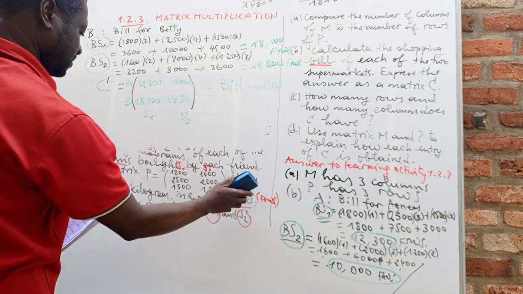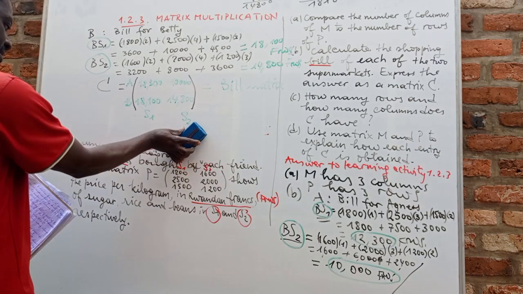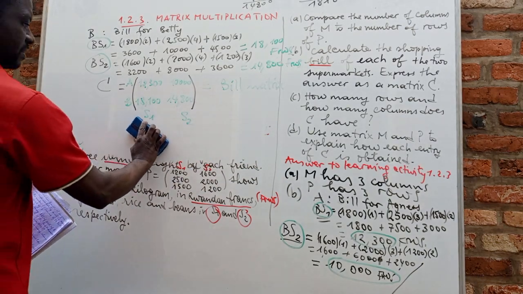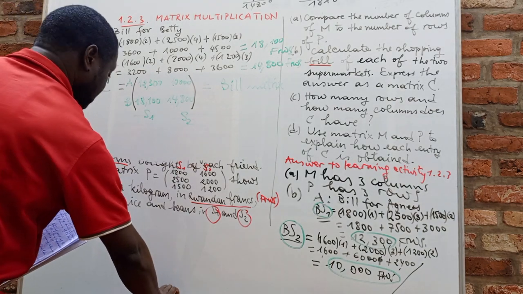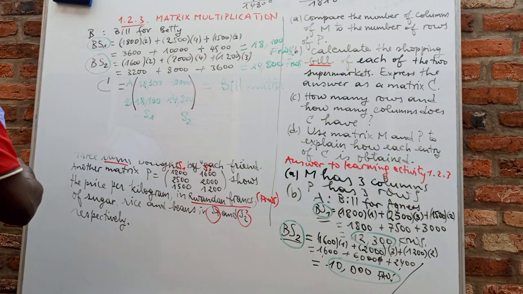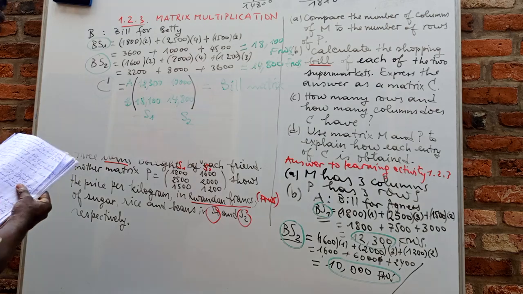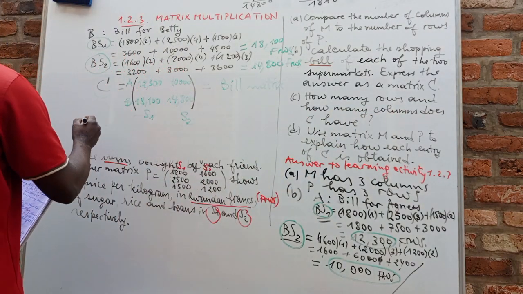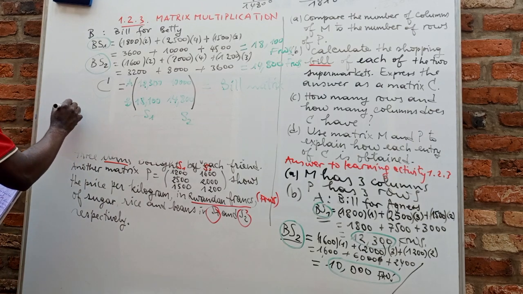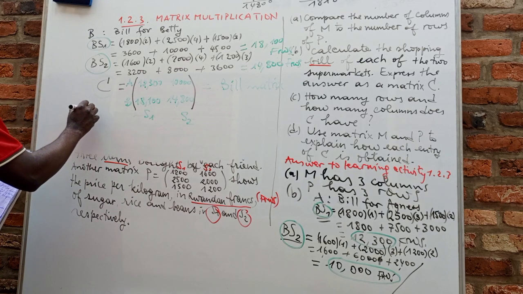Here we can remove this part in order to answer sub question C. The question is how many rows and how many columns does C have? This is sub question C, the B matrix.